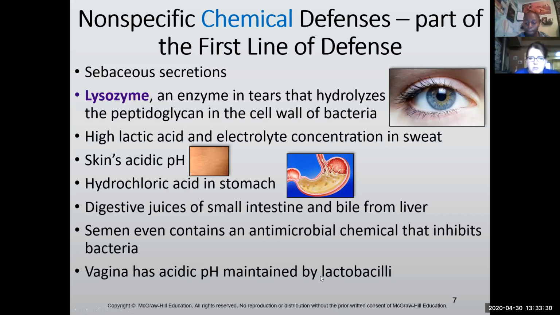So if you take them out of the equation or reduce their number, then the pH tends to rise. And that rise in pH allows those opportunistic organisms to gain a foothold, and pretty much what are you often dealing with at that point? Infection. What kind? Yeast. Right, yeah. So that is there to protect you.